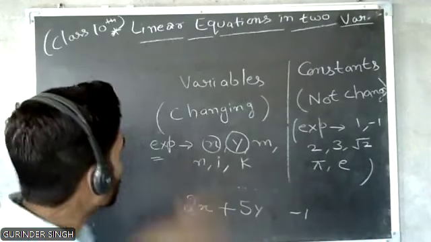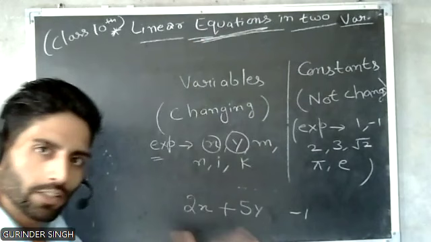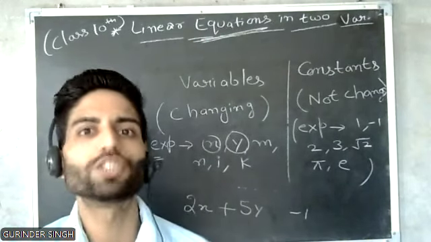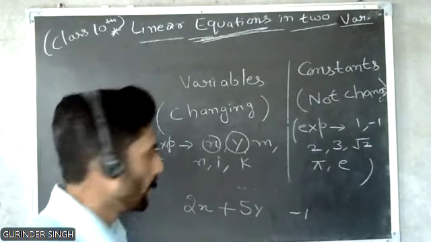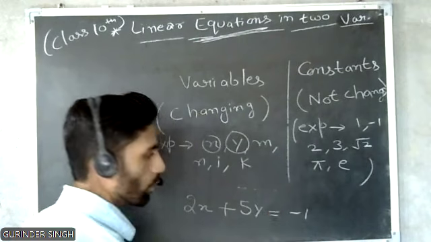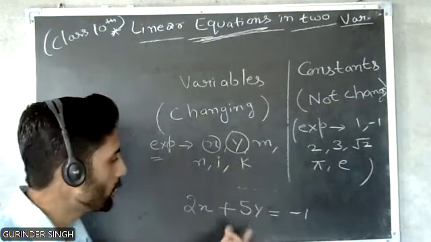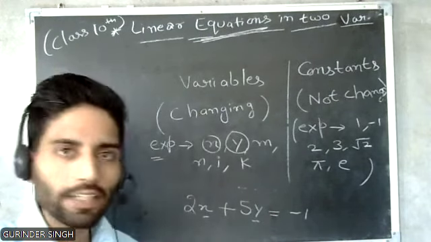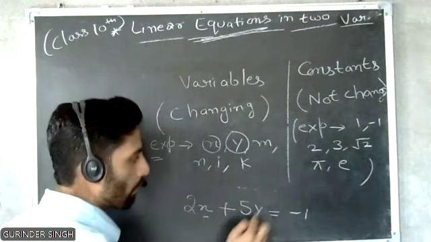The answer is no, because they are saying equation, and the equation definition is missing here. When you say something is an equation, it means an equal to sign should be involved. Only then can you say this is a linear equation in two variables. The two variables are x and y, and it's saying linear. It means the power of x should be 1, and the power of y should be 1.